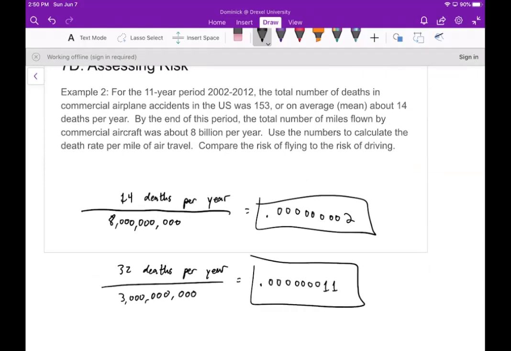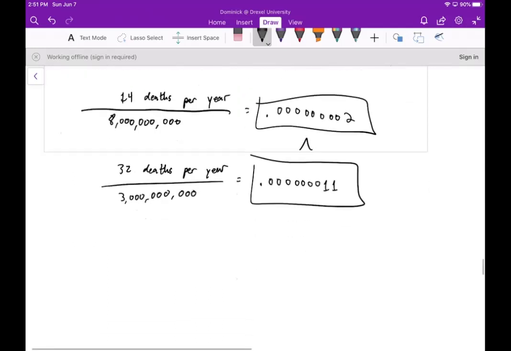If you count my zeros, hopefully I did it correctly, you're going to get that this number down here is bigger than this number. So of course, this agrees with the popular notion, because it's of course true, that you're actually safer flying than you are driving a car, even now.